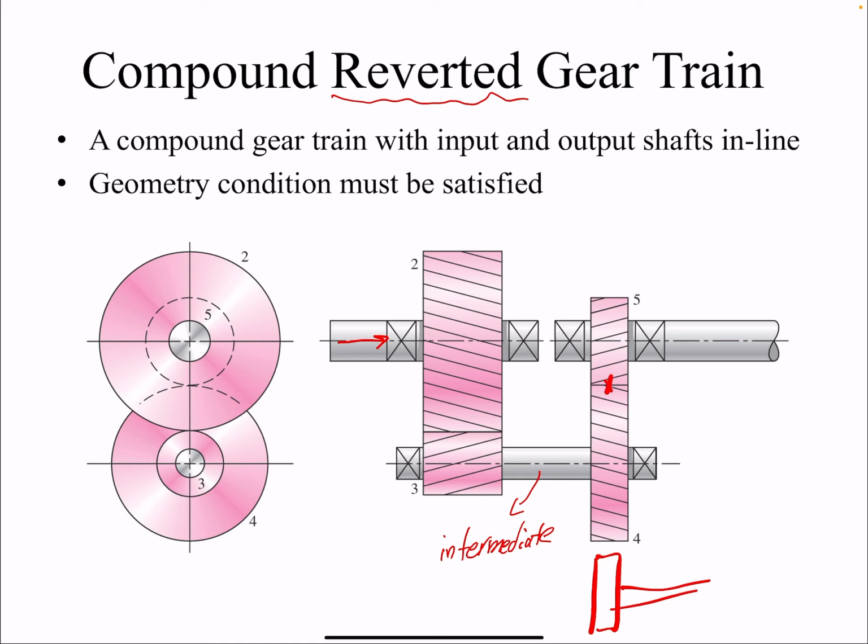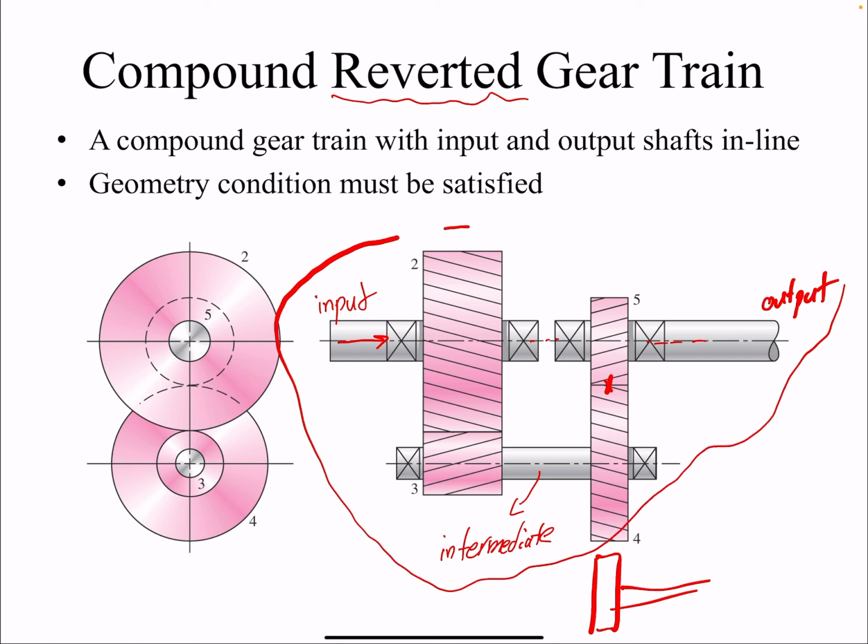So your input shaft and output shaft, if this is the input, would be in line together. That clearly saves a lot of space, especially if you want to have multiple gears in the system and multiple shafts. So that decreases the speed significantly.